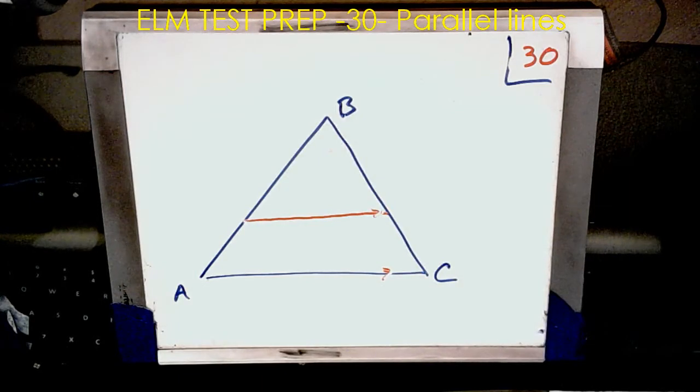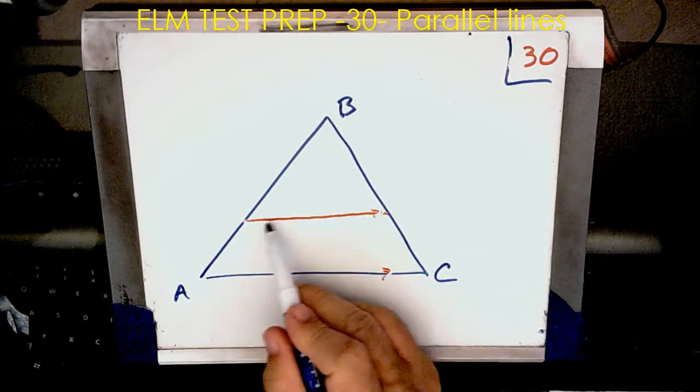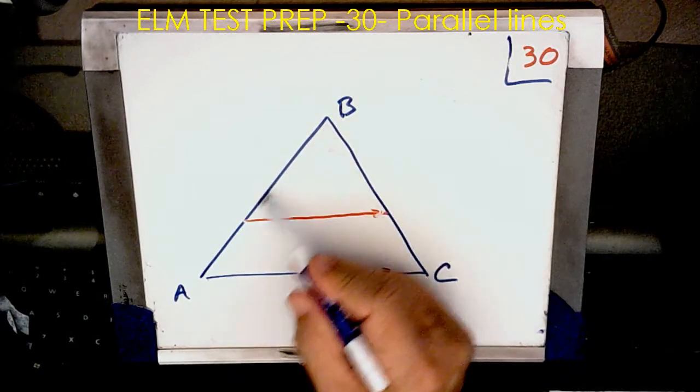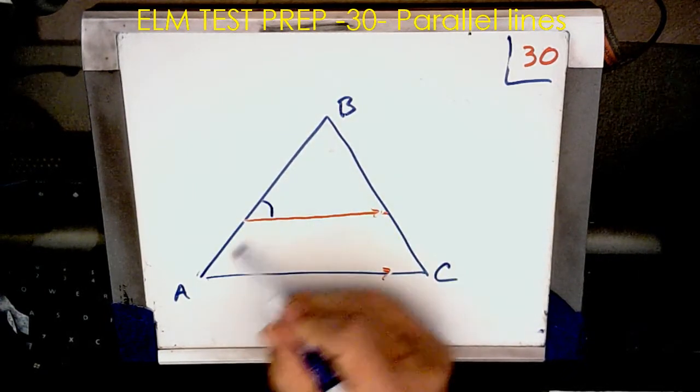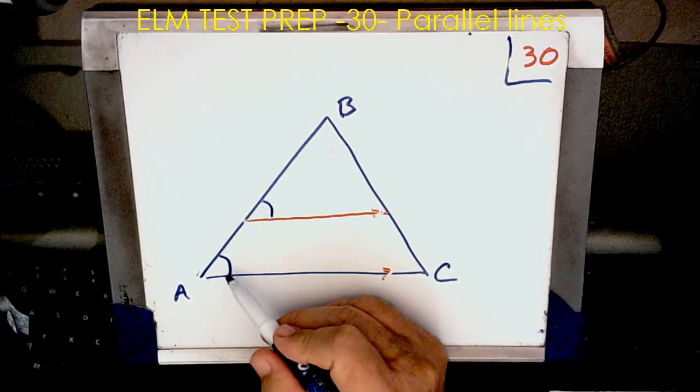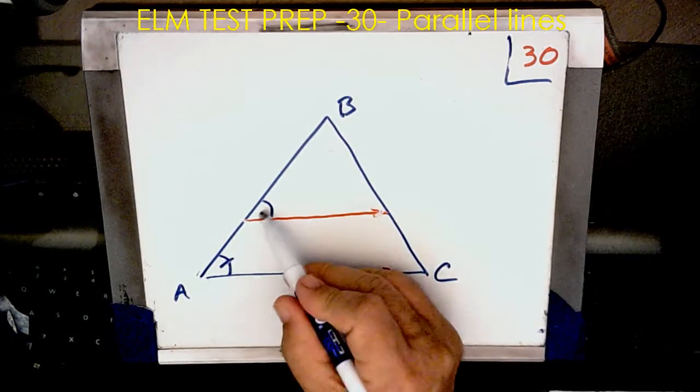Well, let's use this idea of corresponding angles of transversals and parallel lines. These two are parallel, so this line cutting through here would be considered a transversal. So this angle and this angle are in corresponding positions, and so they would be equal.